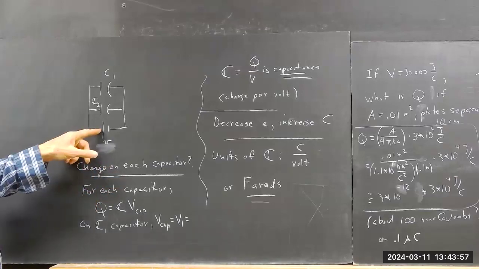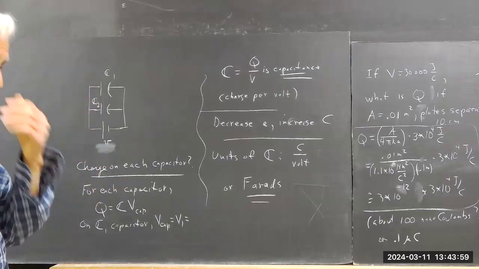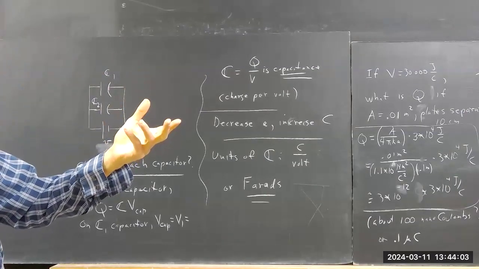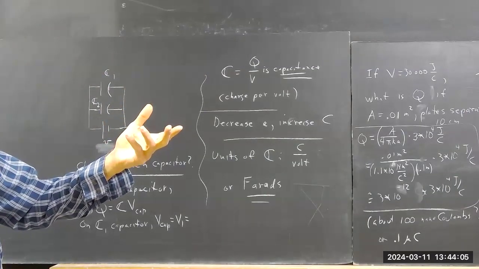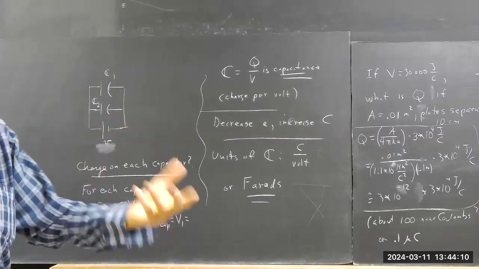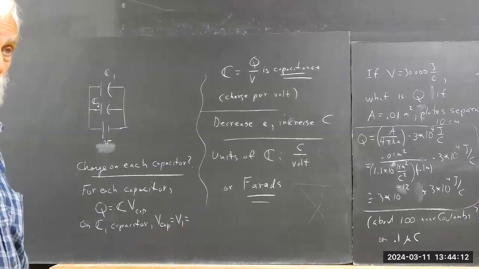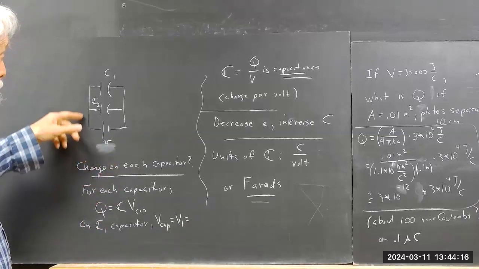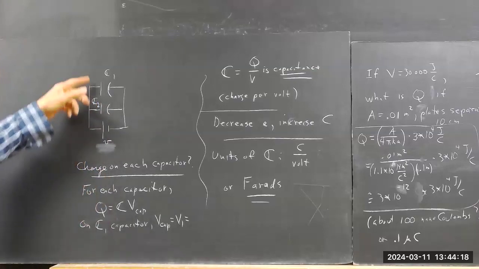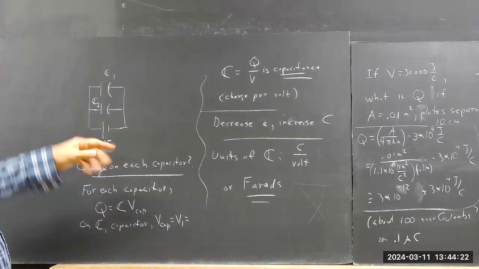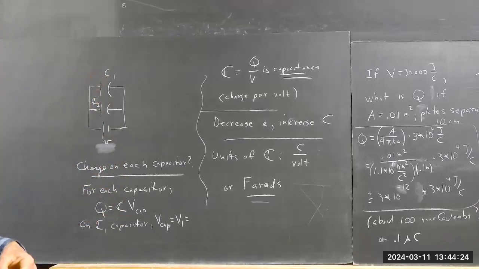First place, wires are equipotential lines. Okay? Voltage doesn't change across an ideal wire. Now, across real wires, yeah, we're going to measure some of that in lab. Okay? But voltage doesn't change from one point of a wire to another. Until the wire hits something that changes the voltage, of course.